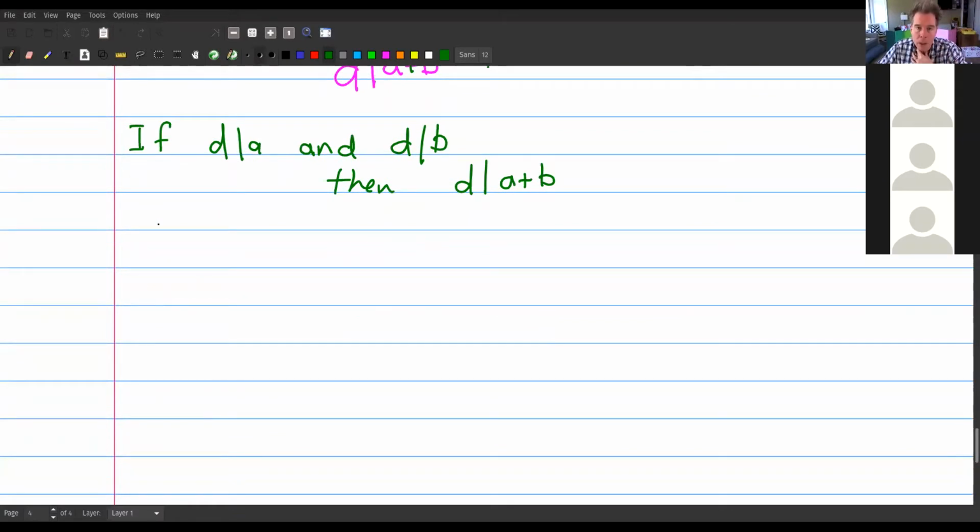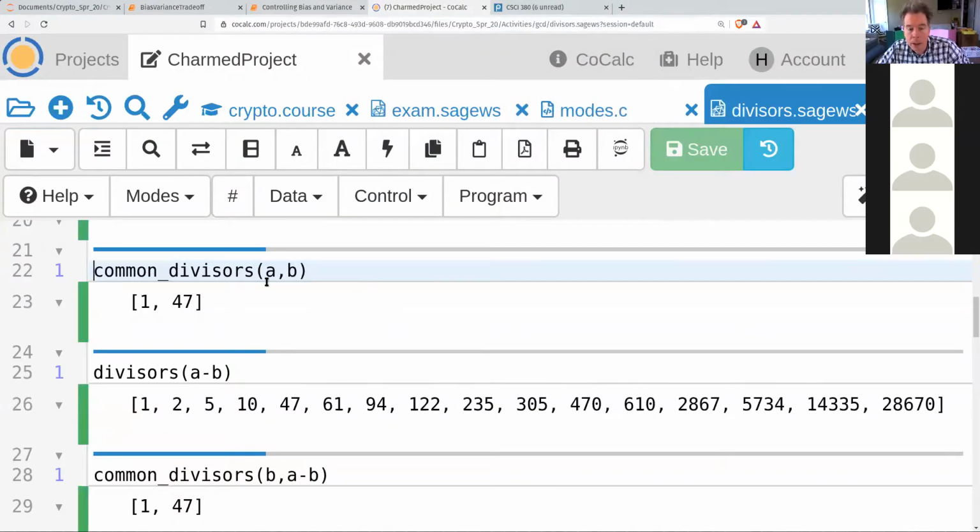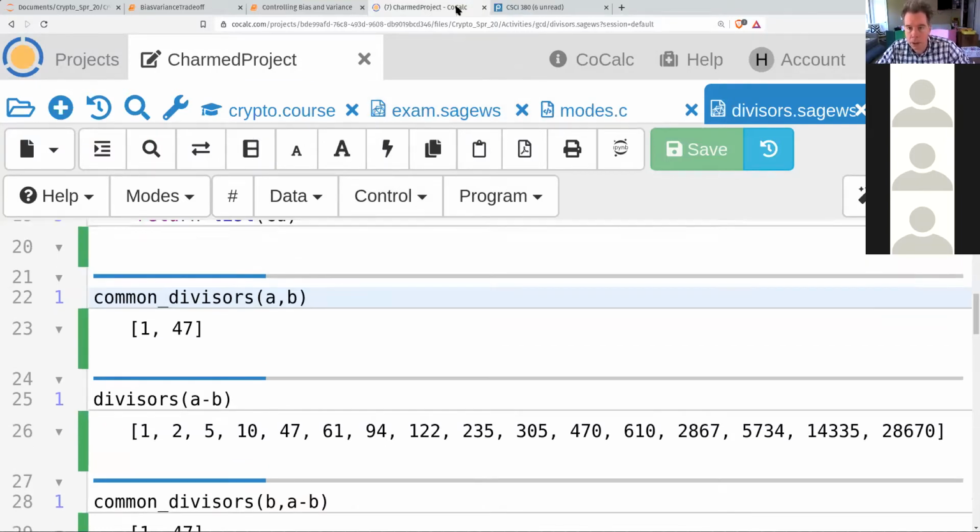Right now we have that the common divisors is a subset of the divisors of the difference. We're headed toward Euclid's algorithm. Just be strong. We're gonna get to someplace good and familiar in just a minute.